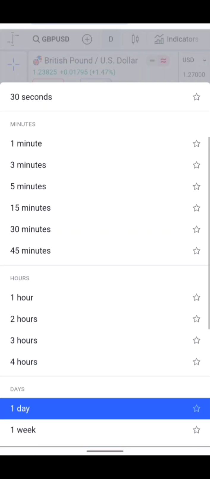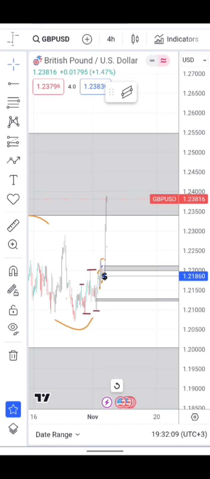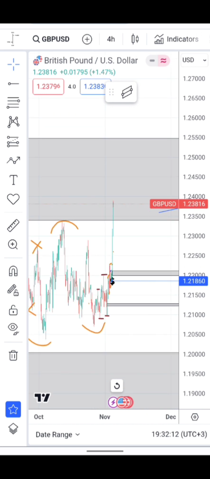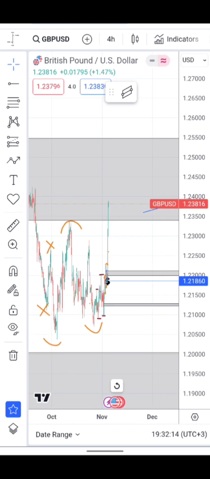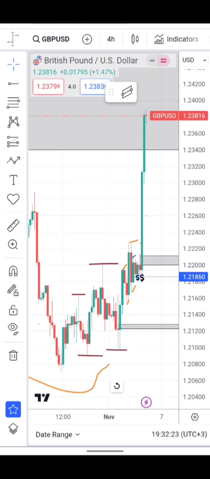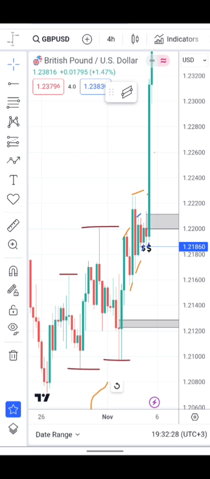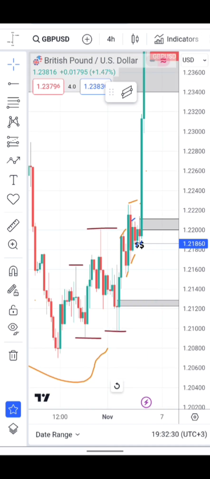to the 4-hour time frame, still on the same pair. The 4-hour time frame is bullish, and if you zoom in to see the internal structure, internally it's also bullish.